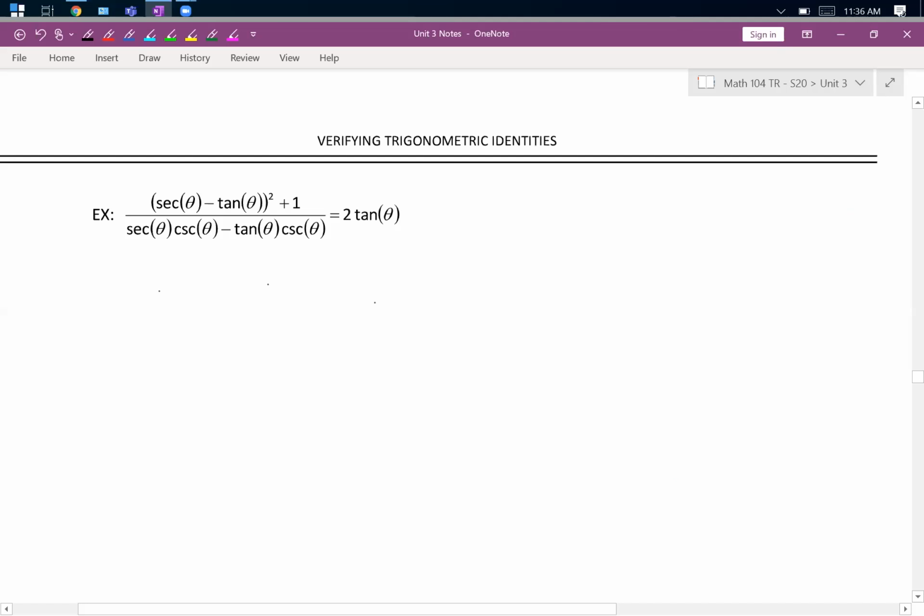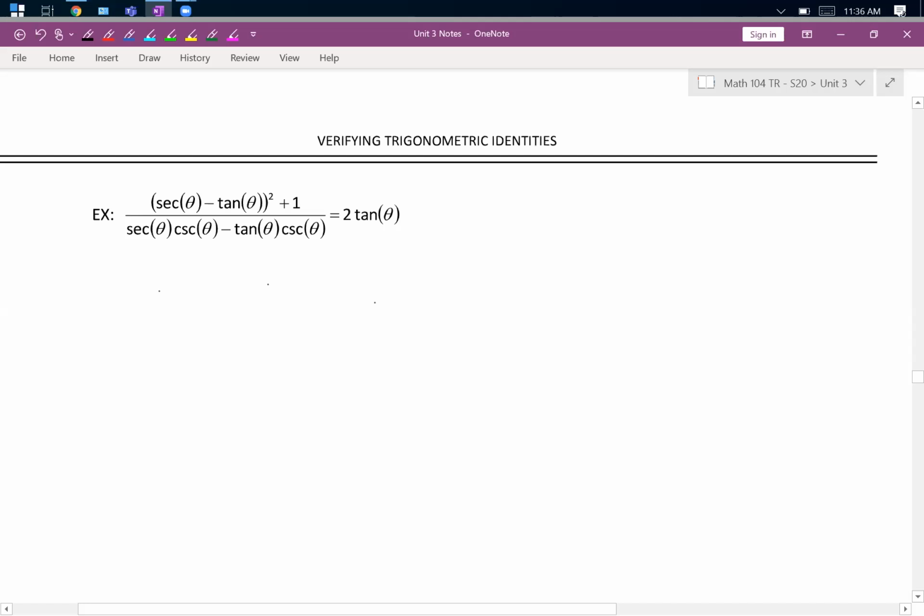Our denominator has multiple terms in it, and our numerator has multiple terms in it. The only way to simplify a fraction like that is to cancel common factors. So we need to get both the numerator and the denominator in factored form and then try to cancel some factors. I would not switch any of this into sines and cosines because we're starting with tangent and some others, and then we're supposed to be equal to tangent.